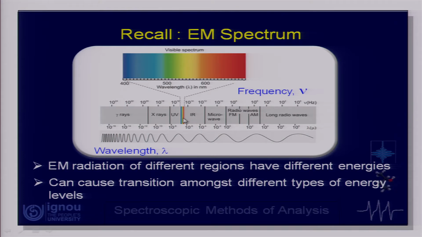Similarly, visible and UV can excite the molecules electronically. So essentially radiations of different regions of the EM spectrum can cause a variety of transitions in molecules, and that is basically our main focus in spectroscopy.